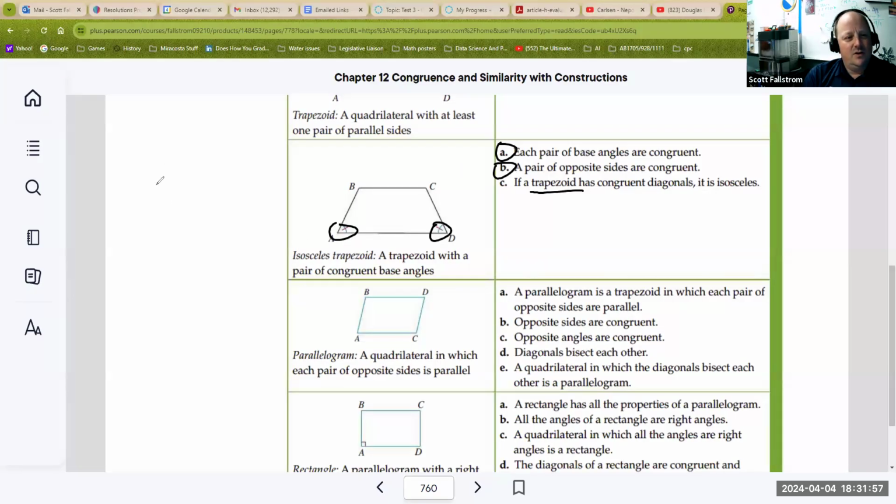So if it has congruent diagonals, so if I tell you that this length right there is the same as this length right here, and remember it is a trapezoid, could I get that it is isosceles?